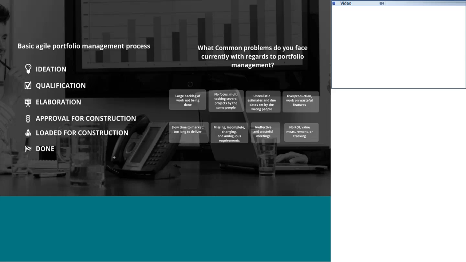You can see slow time to market or too long to deliver, ineffective and wasteful meetings, maybe no ROI or value metrics. All these can be addressed using the small solution that we have developed. I'm sure that your organization can come up with a different workflow or management process for portfolio, and we can develop a solution for that as well.